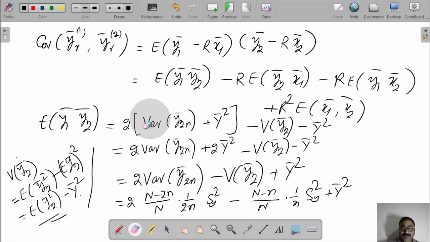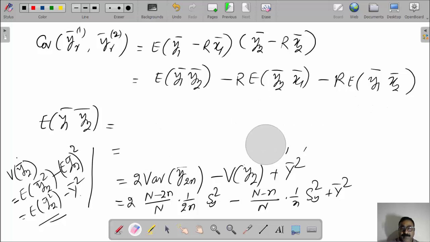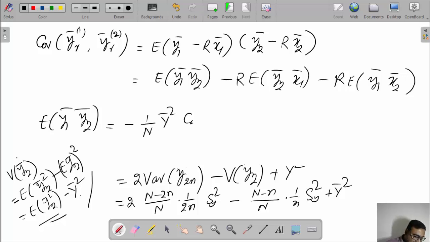Now this will be equal to, on simplification, we can get minus 1 by n y bar square Cy square plus y bar square, where Cy square equal to Sy square by y bar square.